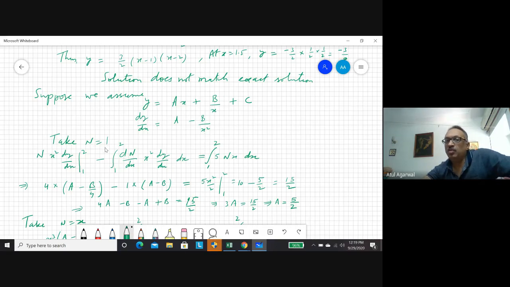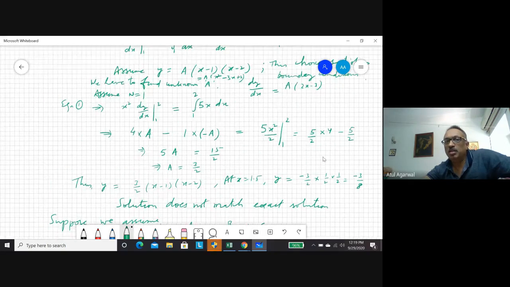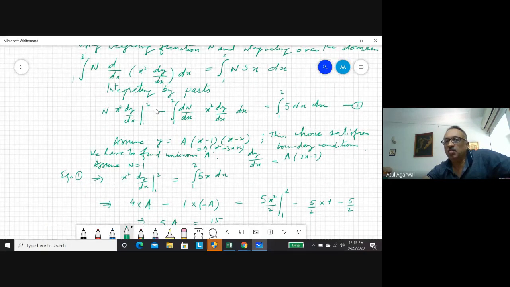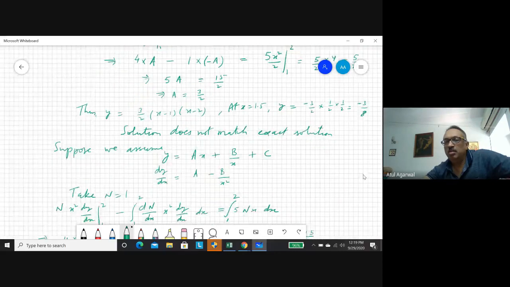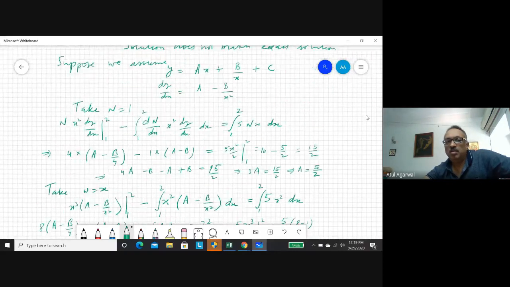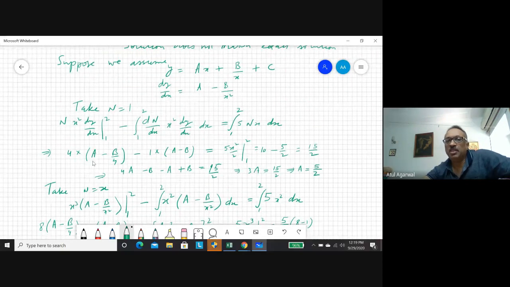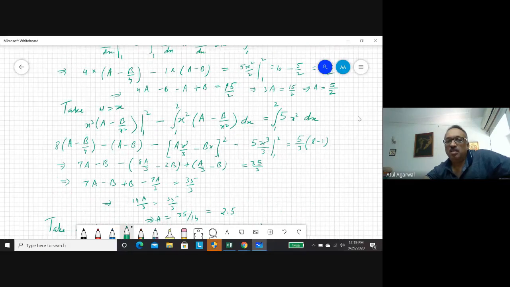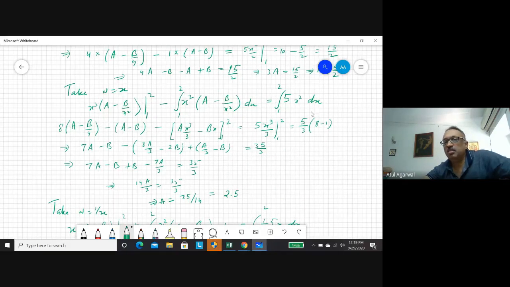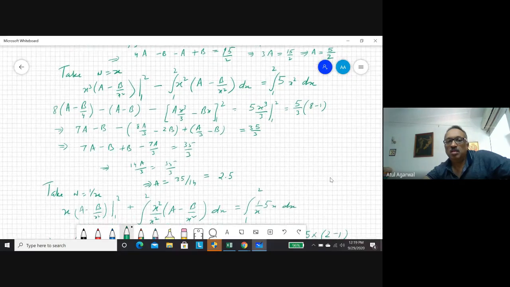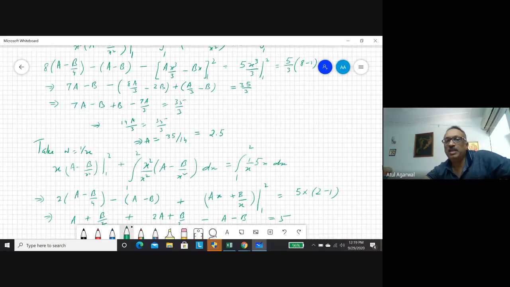Now we take n is equal to 1, put it into our weak formulation. We had found the weak formulation here. So using that, we get first equation. Then we take n is equal to x. We get our second equation, simple integration process. We take n is equal to 1 by x.